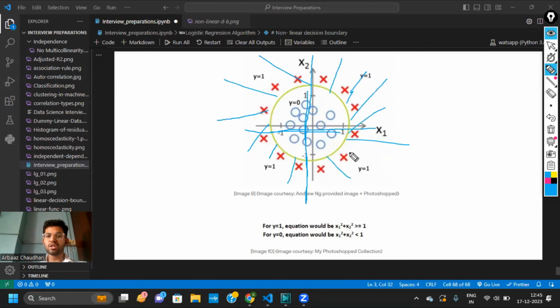Whenever any data points come in this area, it will be your y class, means your first class.